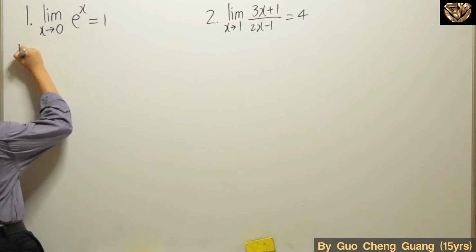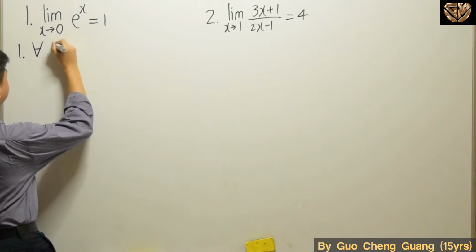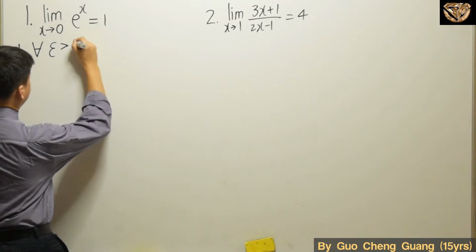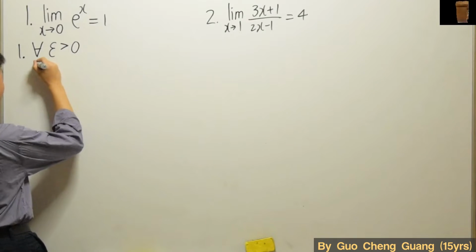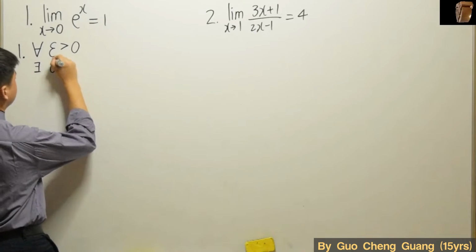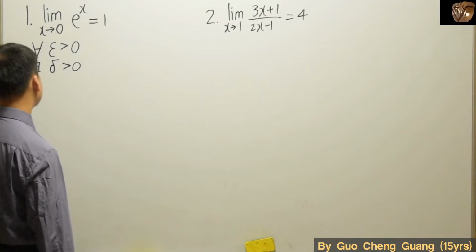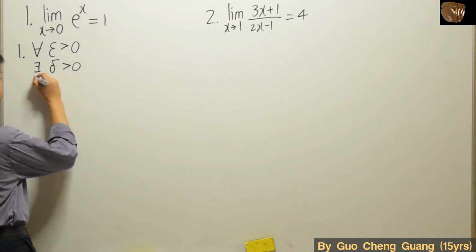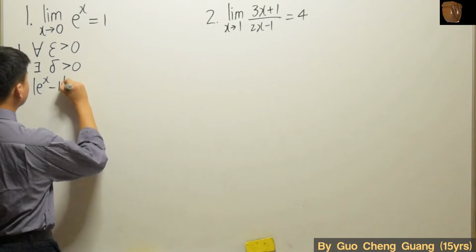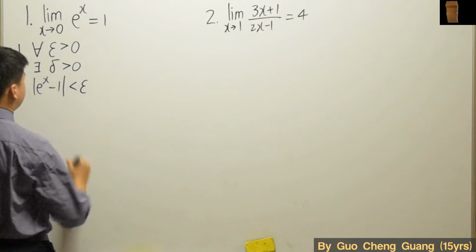So let's get started. Firstly, of course, we would still have given epsilon greater than 0. While you have this epsilon greater than 0, there exists delta that is greater than 0. Alright? So, how do we find epsilon? That would be the absolute value of e to the power of x minus 1, and this is smaller than epsilon.